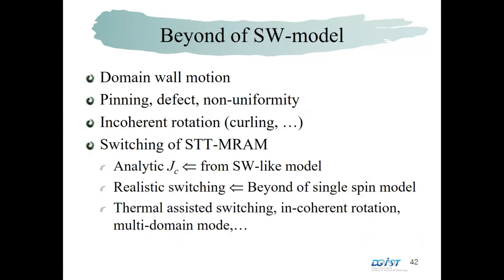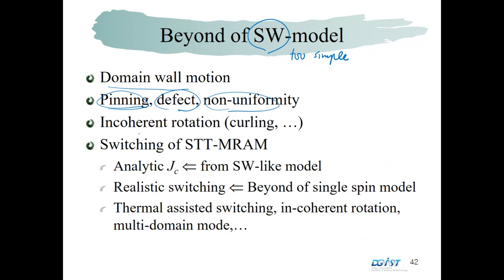Okay, so now I explained about the Stoner-Wohlfarth model, which is very important. But as I already mentioned, it is too simple. So we are missing many important points, like domain wall motion, or the pinning of the domain wall, or the effect of defects, or non-uniformity of the samples.